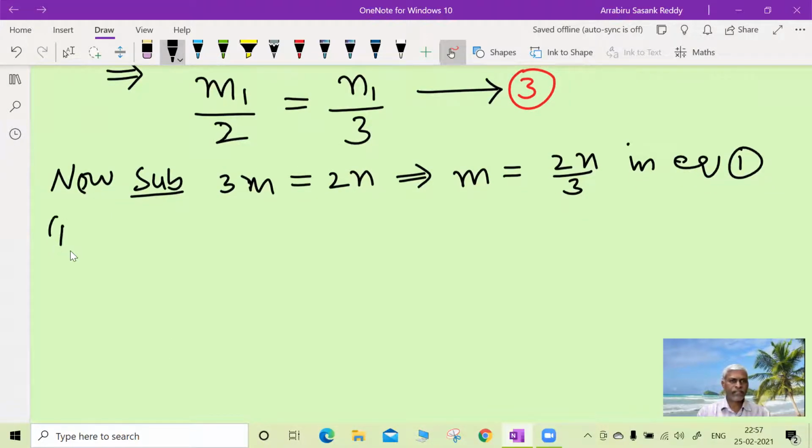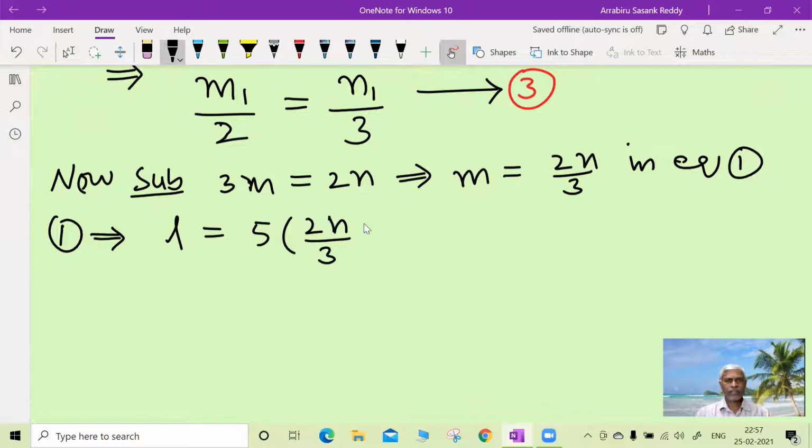So l is equal to 5m minus 3n. In place of m, write 2n by 3, minus 3n.